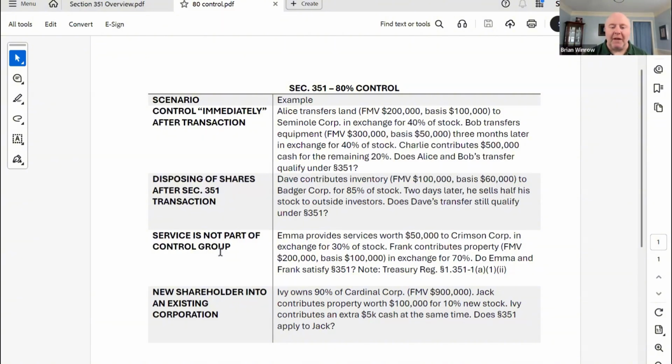So let's look at this problem. Emma provides services worth $50,000 to Crimson Corp. in exchange for 30% of the stock. Frank contributes property with a fair market value of $200,000 and a basis of $100,000 in exchange for 70%. Do Emma and Frank satisfy 351? Well, from Emma's perspective, it doesn't really matter to her because she's putting in services, and if you're putting in services, you always recognize ordinary income.